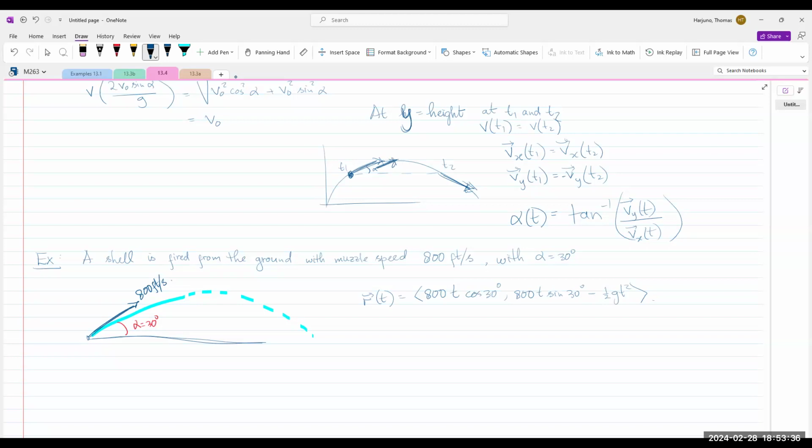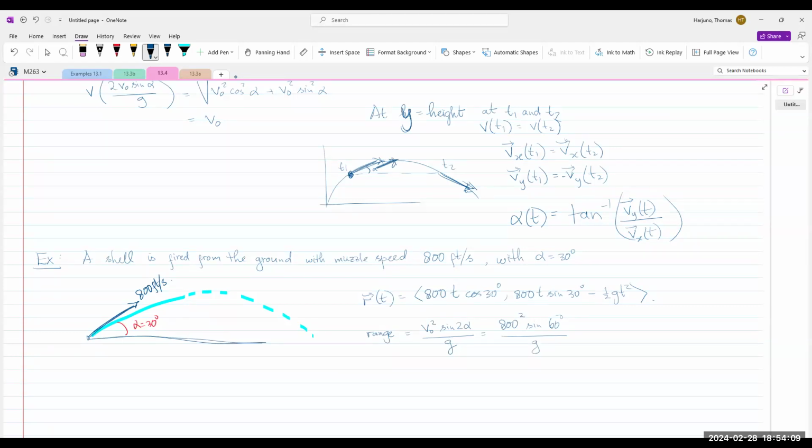Now suppose that's what we have, then we ask ourselves, what is the range? The range will be v naught squared sine 2 alpha over g. The v naught is 800, so 800 squared sine 60 degrees over g. So that's how far it will go.